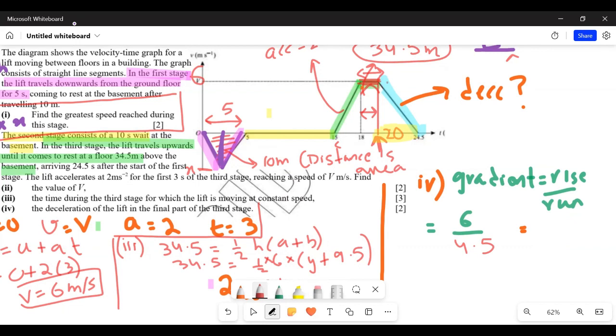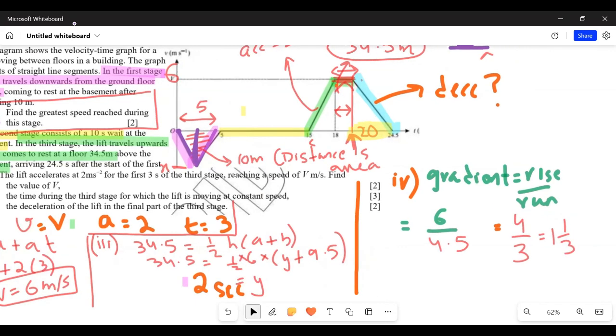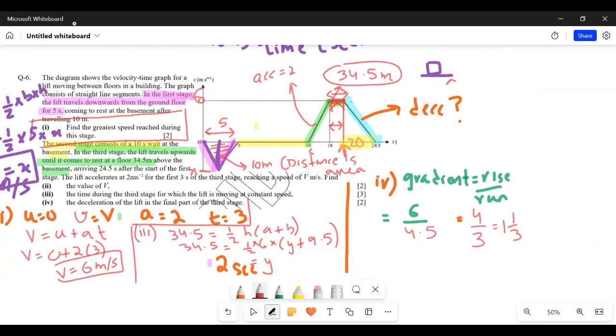Which comes out to be 1.33333. So, or 4 over 3. Or 1 whole 1 by 3. Your answer should be a positive value.